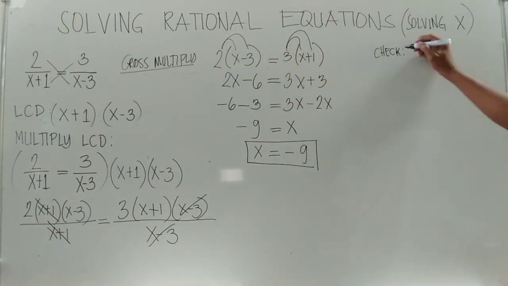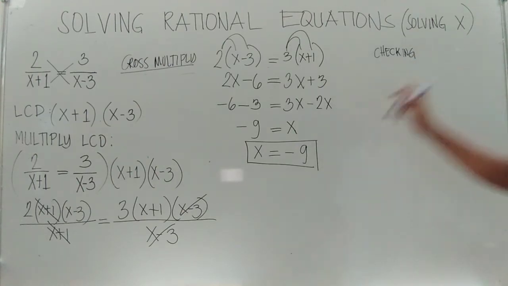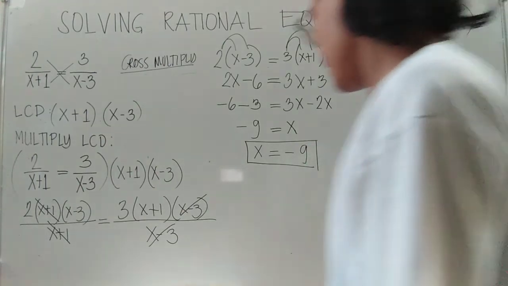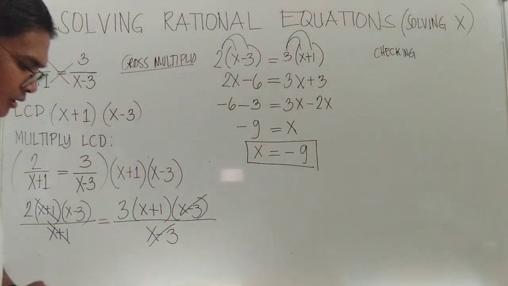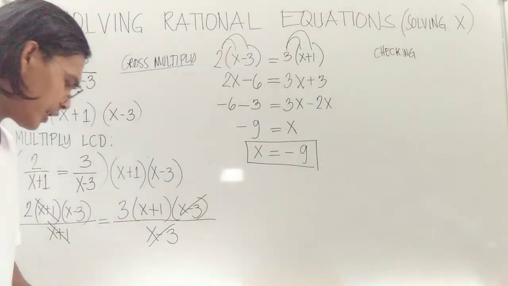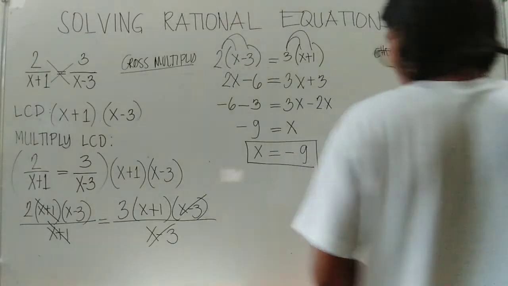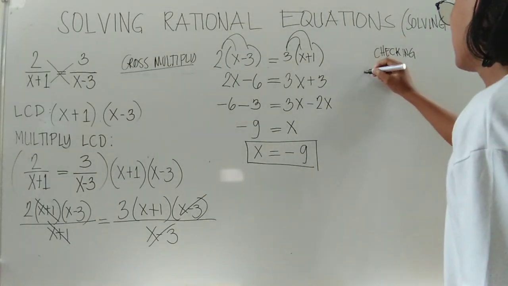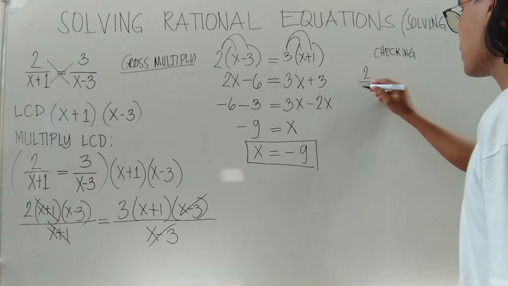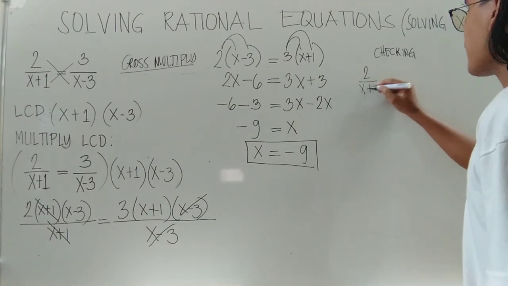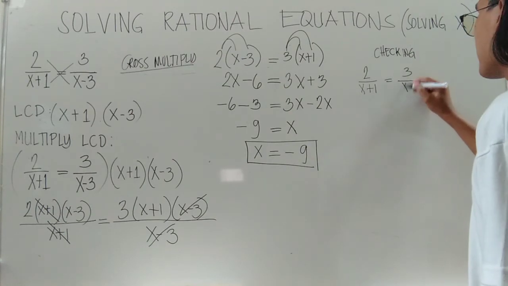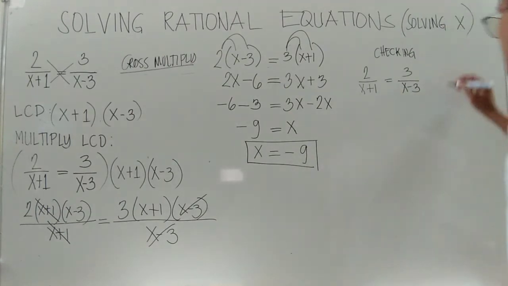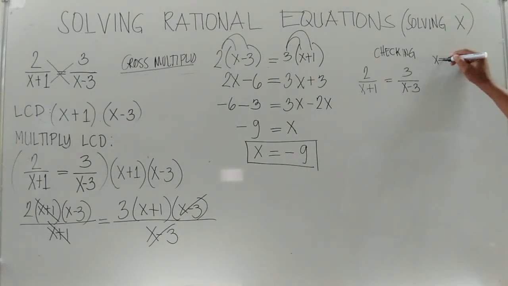Okay? So let us do the checking. If x equal to negative 9 is a solution or not. Okay. So to check, let us copy your original equation, which is 2 over x plus 1 equals 3 over x minus 3, where x is equal to negative 9.